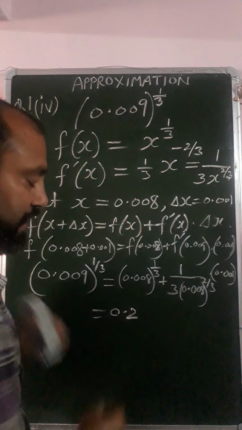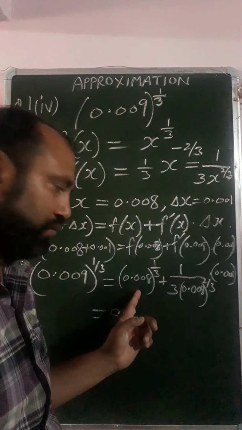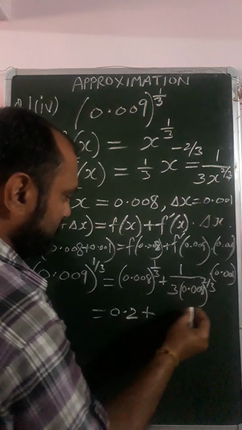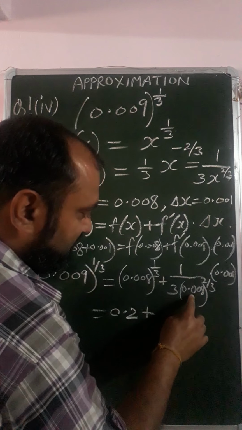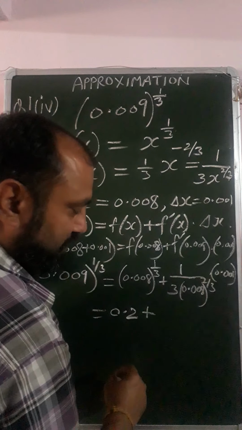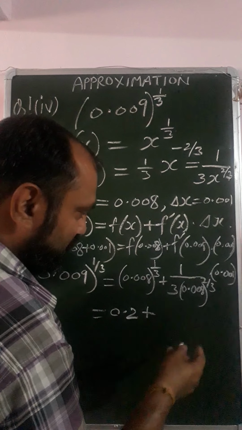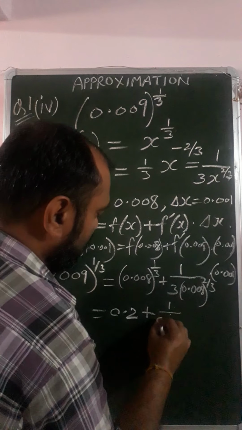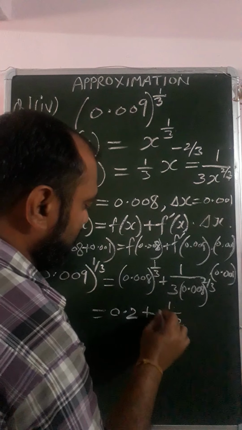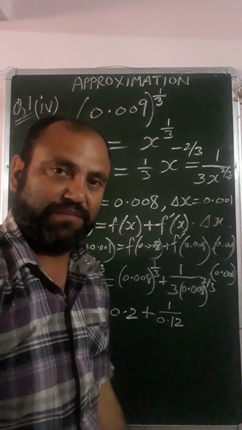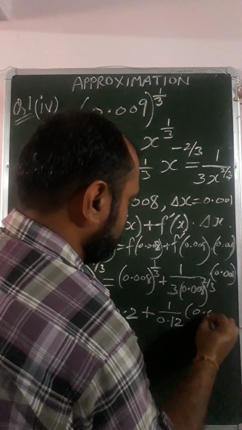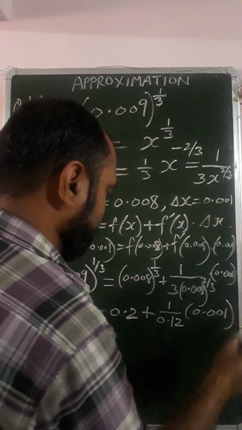As you know, its perfect cube root is 0.2. Now when you simplify this, 0.2 raised to the power 2, so 0.2 squared means 0.04. So this becomes 0.12 after simplifying. After simplifying, we have 0.12 into 0.001, right?